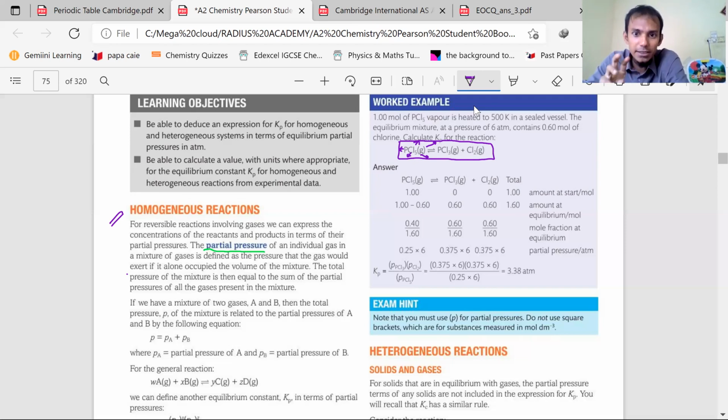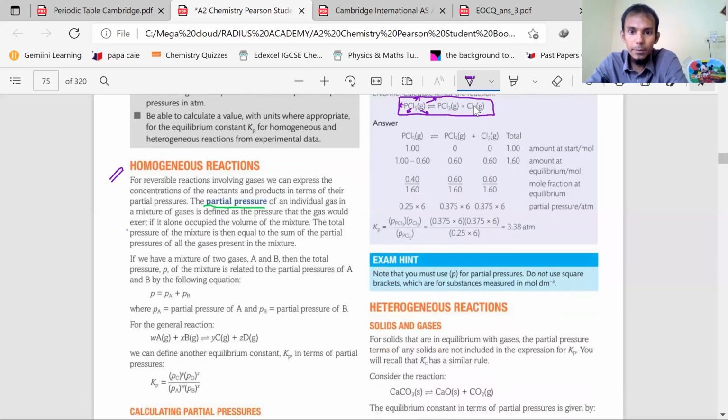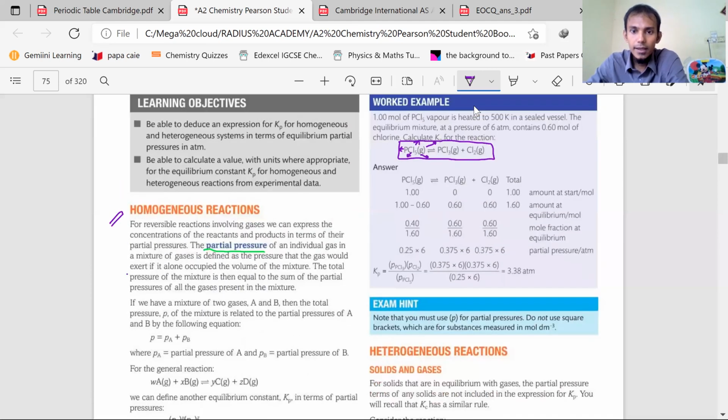So finding these partial pressures individually is important. Why? Because see the expression. Look at the expression here, it will be easy. Kp, the equilibrium constant of this reaction in terms of pressure, is equal to, see, now you cannot use third bracket, because third bracket means concentration.